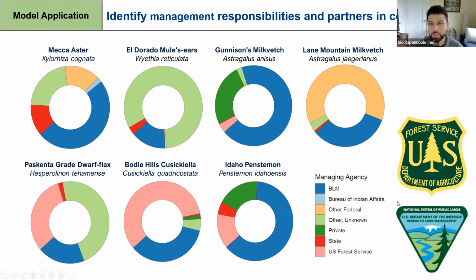In this case, this was work done with the Bureau of Land Management to identify the degree of responsibility to BLM, as well as under other entities like the Forest Service. And we can start using this information to understand who the key partners are and which species are more in need of action by a certain entity than others.